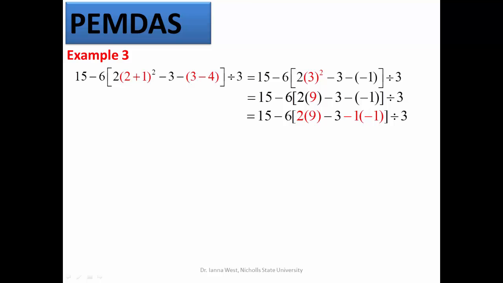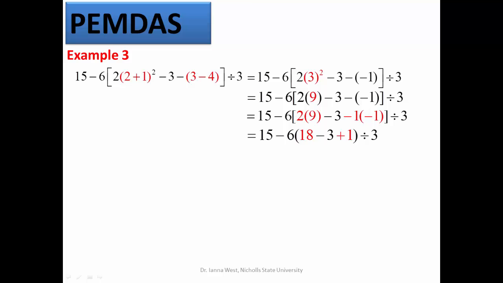When we do the operation of multiplication, we multiply 2 times 9, giving us 18, and we multiply negative 1 times negative 1, which is positive 1. We have removed the brackets because we no longer have parentheses inside of brackets.